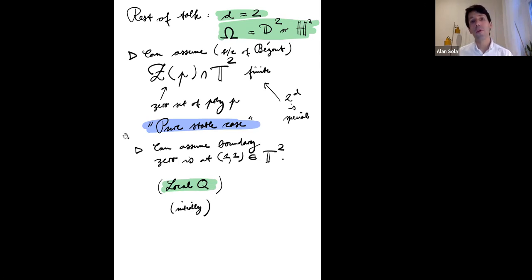And so polynomials that are stable of this type, in our paper, we call them pure stable or atoral stable, if you prefer. As a normalization, I might as well assume that the 0 in the bidisk setting is sitting at (1, 1), because this is a local question initially. If I can make sure that my rational function is bounded at each individual 0 of P, then it's going to be bounded.